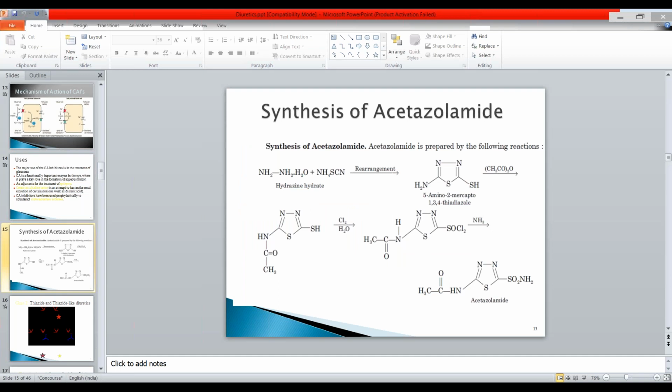Okay, and this is the synthesis of acetazolamide. Can you see the synthesis? If you can see it, please note it down or take a screenshot, whatever you want to do, and let me know so that I can continue.